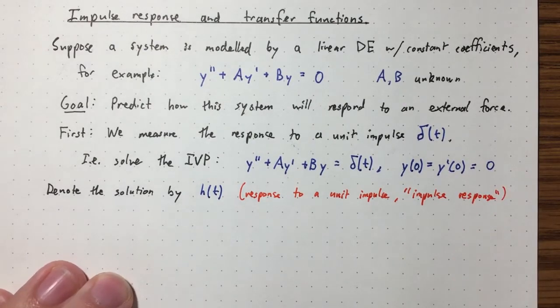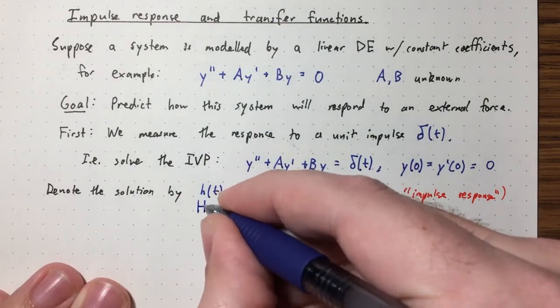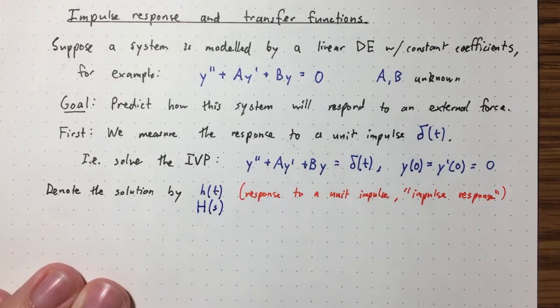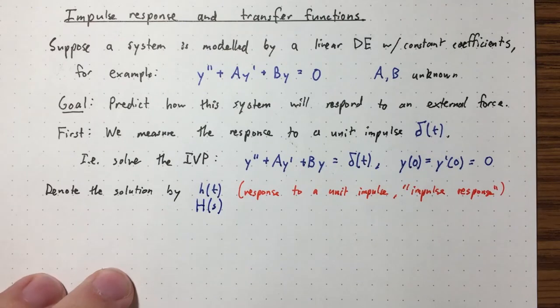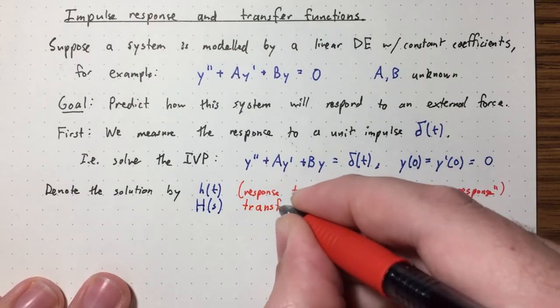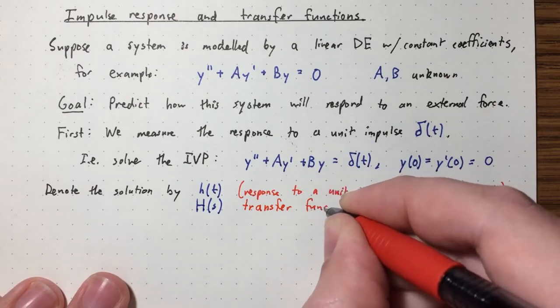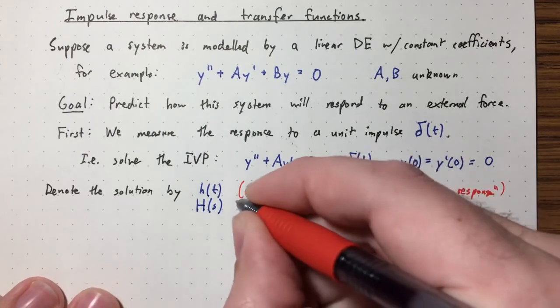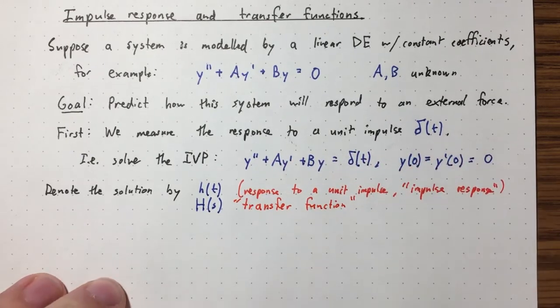And then I'm going to introduce one other term, the Laplace transform of h of t is going to be called the transfer function. And we're going to see very soon why it's called the transfer function.